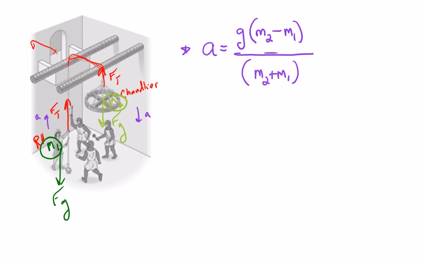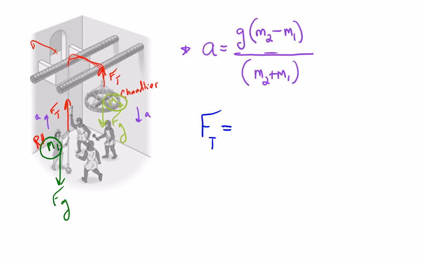Tension was a little bit more difficult, but not too bad, and we had a way of finding that tension. So the force of tension, basically what we've got is over here on Robin Hood, you have the tension and the force of gravity, and then over here with our chandelier we have a tension, and we had a way of actually calculating that tension.